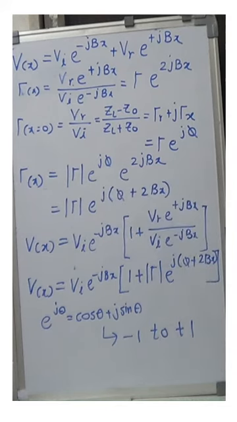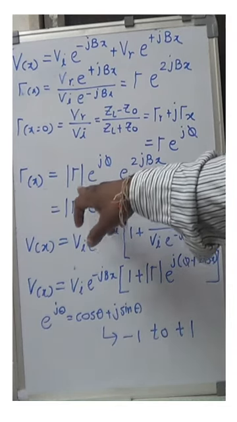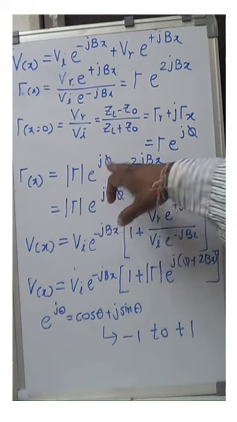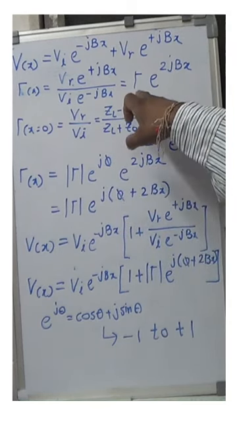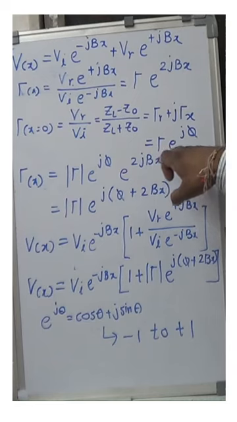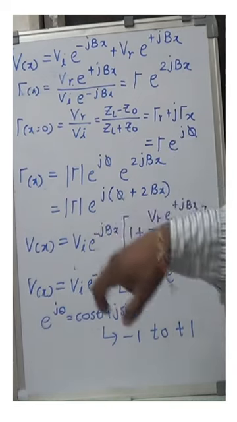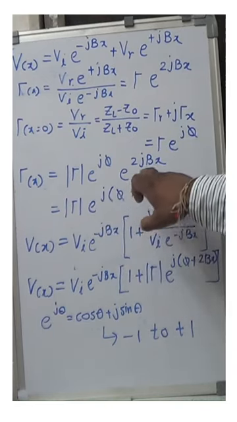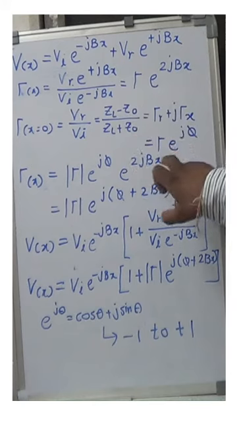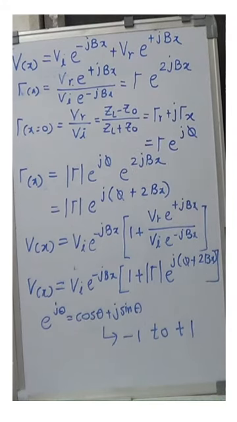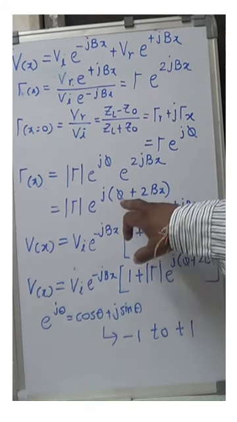So here gamma x is equal to gamma e raised to j phi. For this gamma we have calculated gamma e raised to j phi for x equal to 0, and again e raised to 2j beta x. In this equation gamma is substituted by this, so we get gamma e raised to j phi plus 2 beta x.